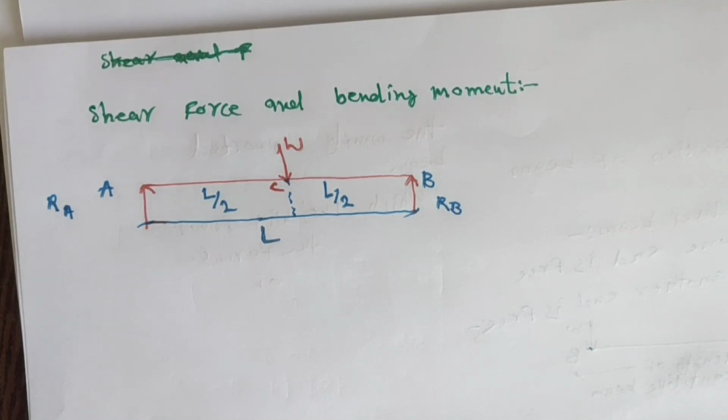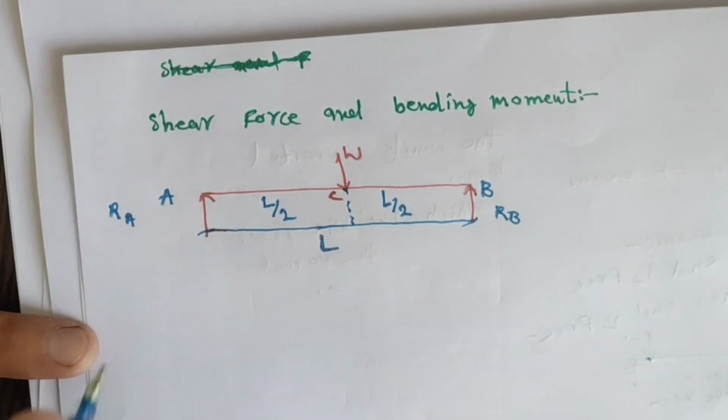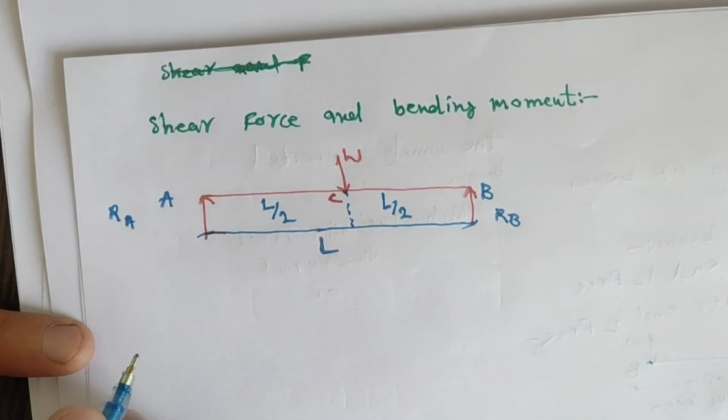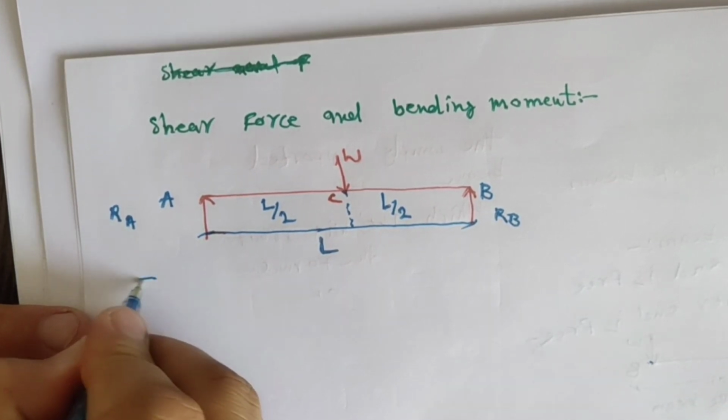Now we will find shear force and bending moment. First of all, we should know that the summation of vertical forces is 0, and the summation of horizontal forces is also equal to 0.